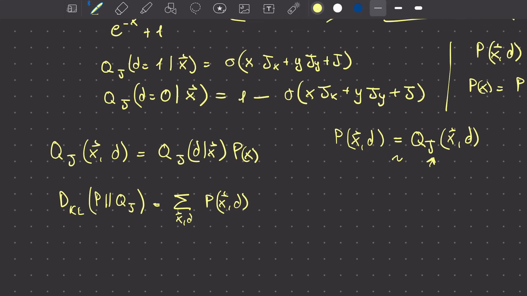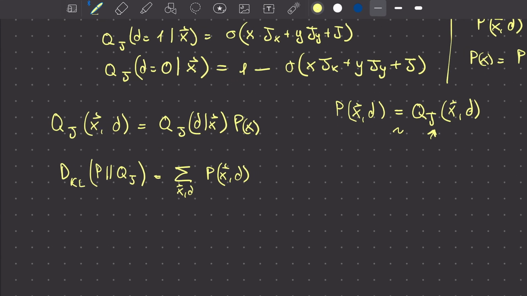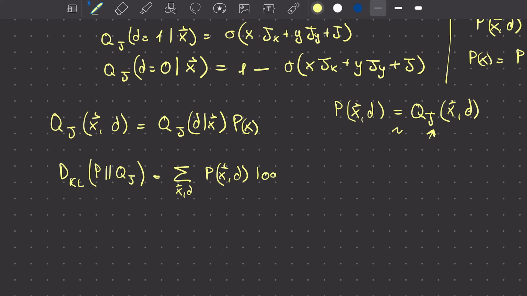Again, I might be forgetting to put x as a vector many times, but x is a vector in this case, times the logarithm of the probability of d given a specific vector x over our model q_J of d given an input x.